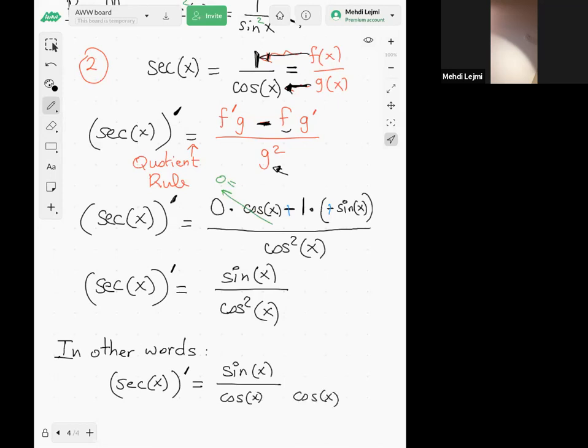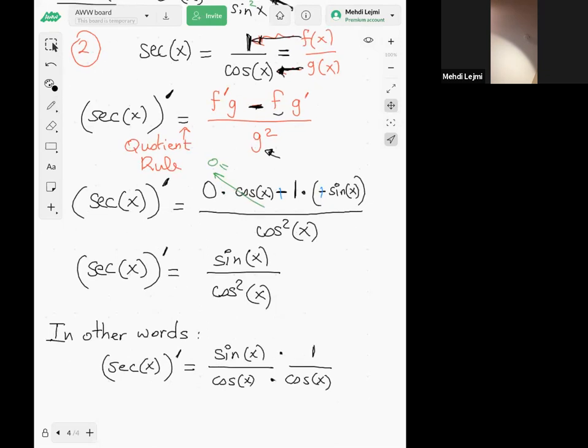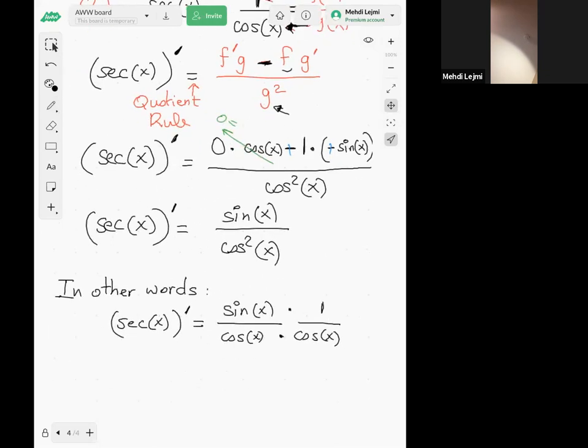Cosine squared is cosine times cosine. And here I'm going to put times 1. So that will be sine over cosine, which by definition is tangent.